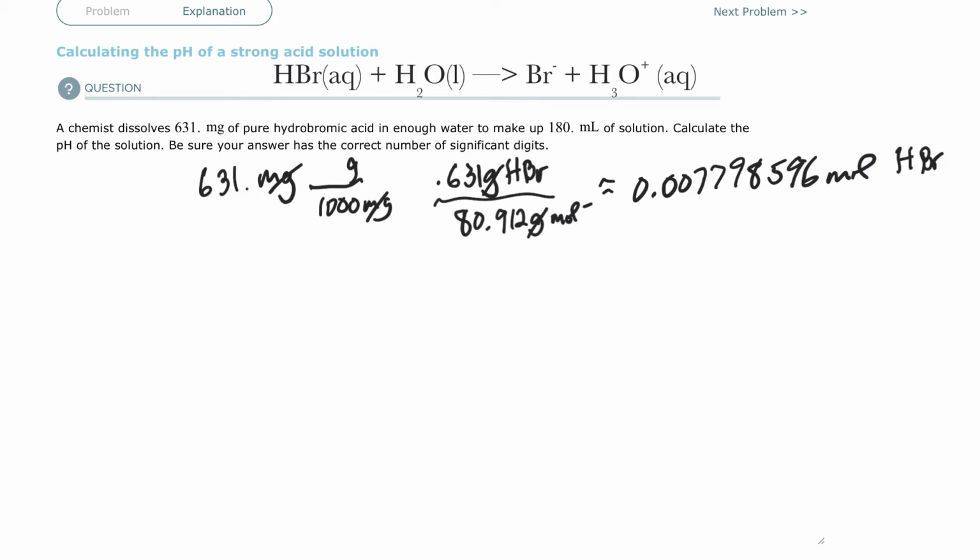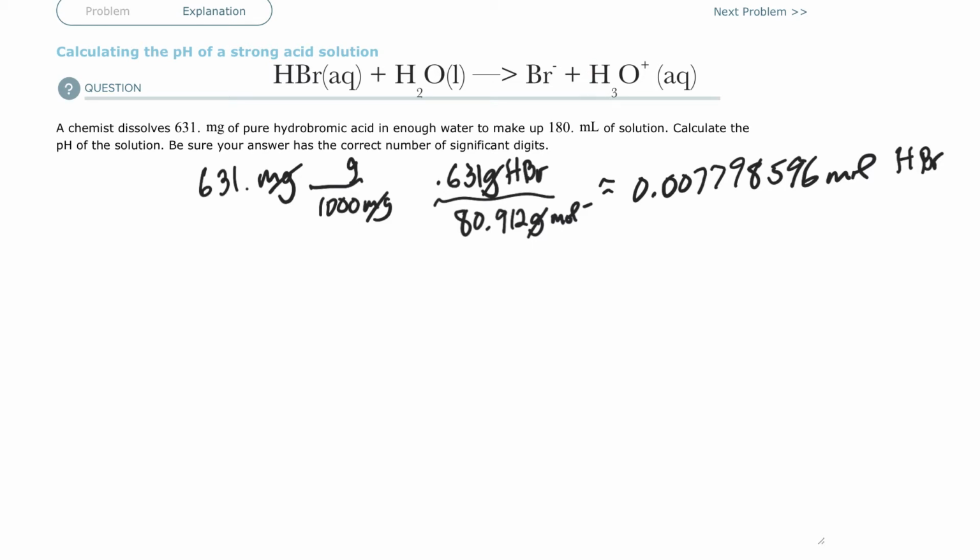The moles of hydrobromic acid really don't help me yet because I need to know the moles of the hydronium. It's the hydronium that is the pH. I want to find the pH, so I need to find the concentration of hydronium. But I need this in order to go through the balanced equation. This is a 1-to-1 relationship. That means 0.007798596 moles of this equals the same number of moles over here.